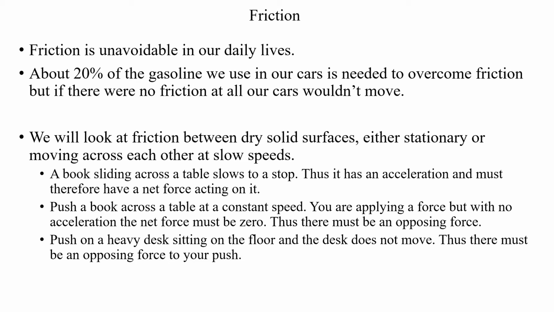So the net force on the book must be zero. So there must be an opposing force. If I push on a heavy desk that's sitting on the floor and the desk doesn't move, there must be an opposing force to my push that keeps it from moving. So these are examples of friction.